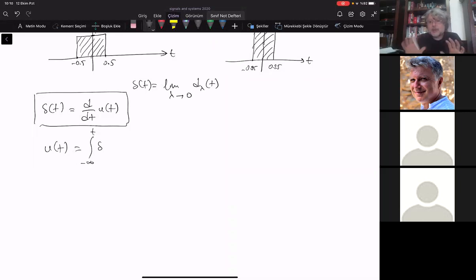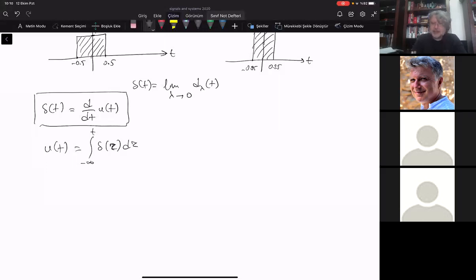Whenever we need an auxiliary time variable, instead of t, we have to use something. What we will use will be the Greek letter tau, which is actually the Latin letter t in Greek. So tau is this, okay? Delta of tau d tau.